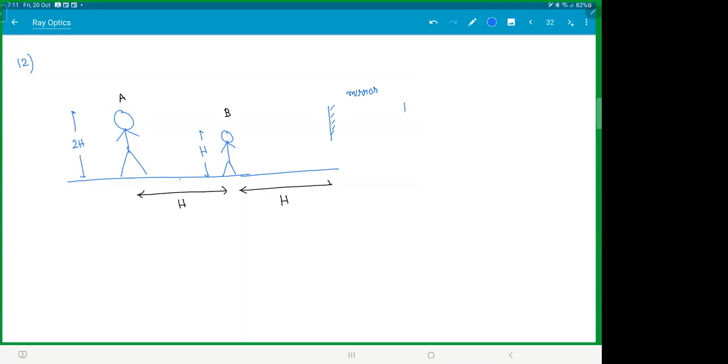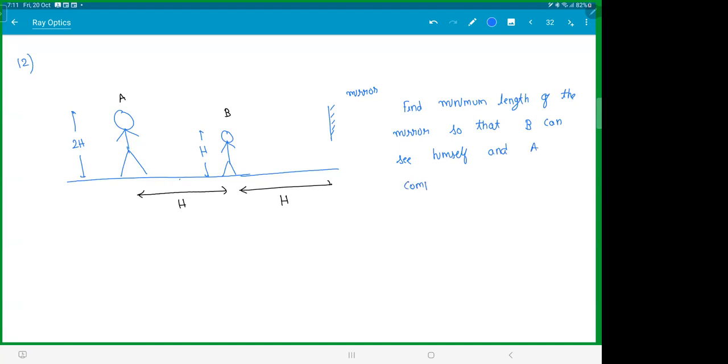Find the minimum length of the mirror so that B can see himself and A completely.